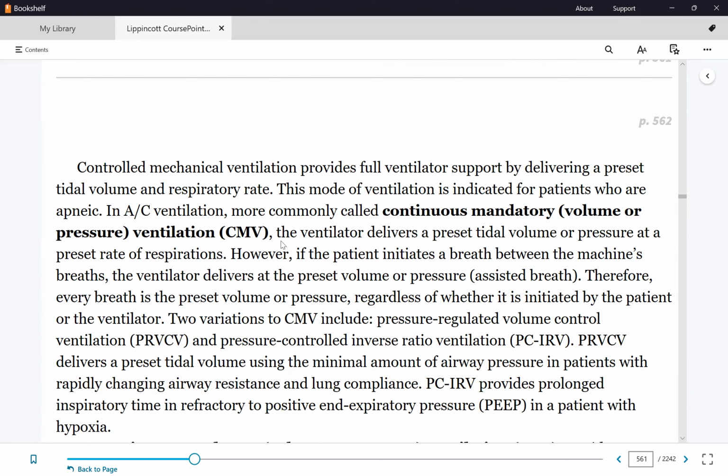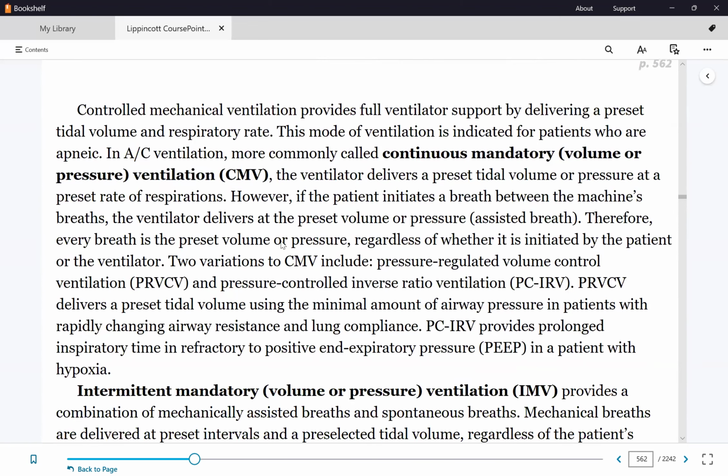So what is this? I described to you the control mode. What is control mode again? Control mode delivers a set number of breaths per minute at an exact amount of tidal volume, minute after minute. Let's say the tidal volume is 400 ml, and you set the ventilator rate or frequency to be 12.